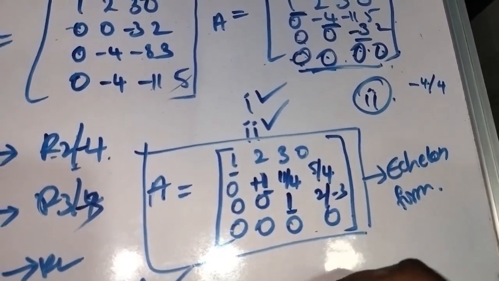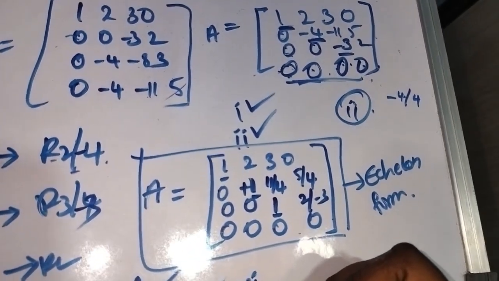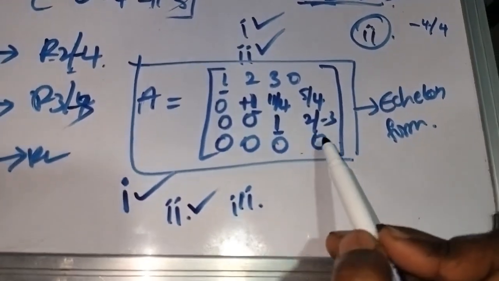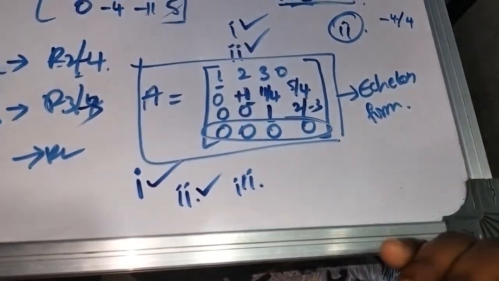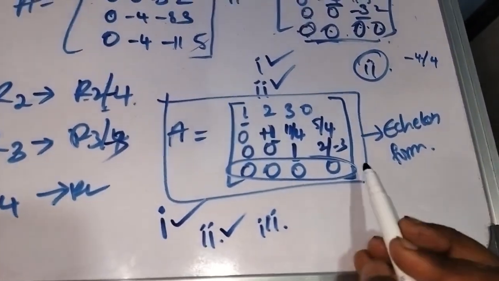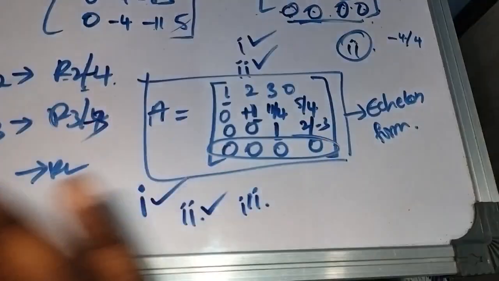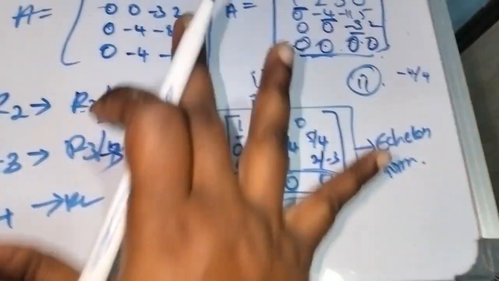And coming to the next one, this 0 row must be below all the non-zero rows. So according to this, all the three cases are clearly satisfied by this matrix.